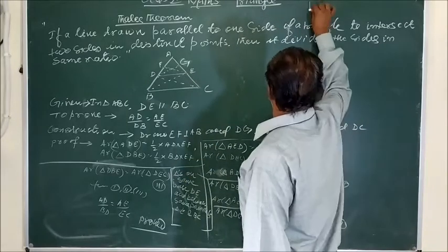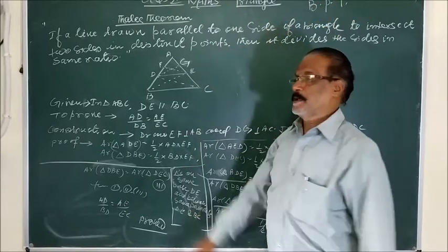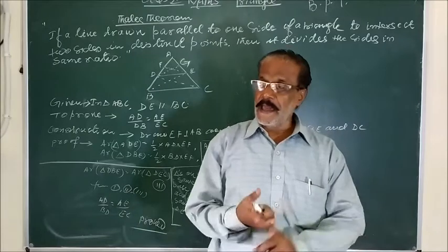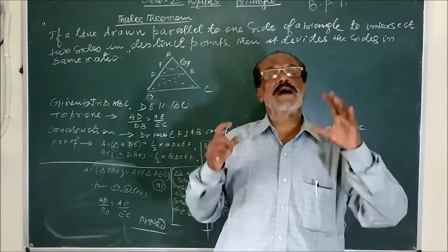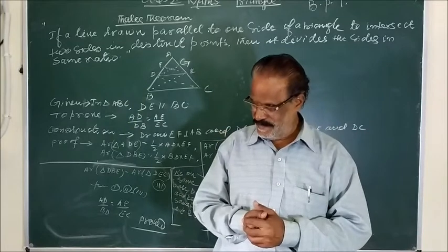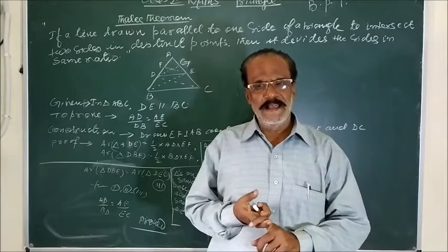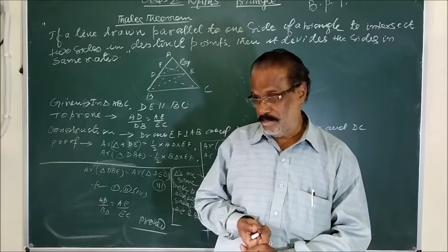इसको हम बीपीटी भी बोलते हैं, बेसिक प्रोपोर्शनलिटी थ्योरम. इसमें क्या है कि if the triangles have angles equal, they are called equiangular triangles. Equiangular triangles. The triangles in which angles are equal.